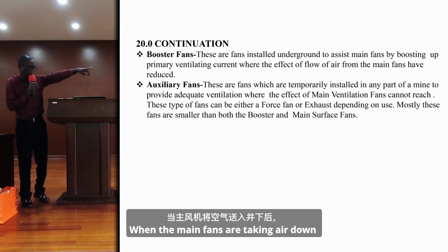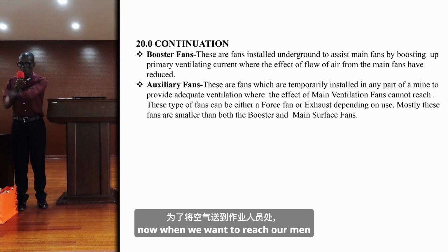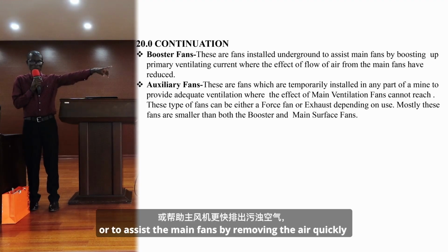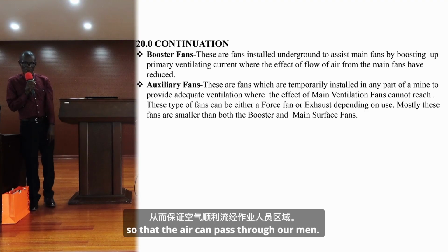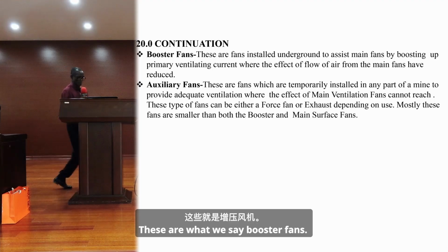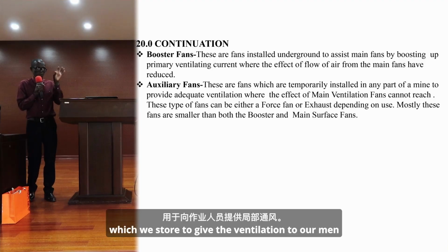When the main fans are taking air down, and we want to reach our main, we install some big fans to blow the air to our main, or to assist the main fans by moving the air quickly so that the air can pass through our main. These are what we call booster fans. Then auxiliary fans. Auxiliary fans are those small fans which we install to give ventilation to our main.